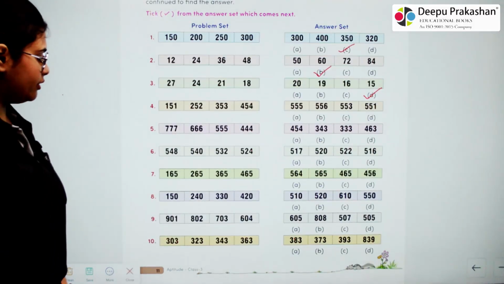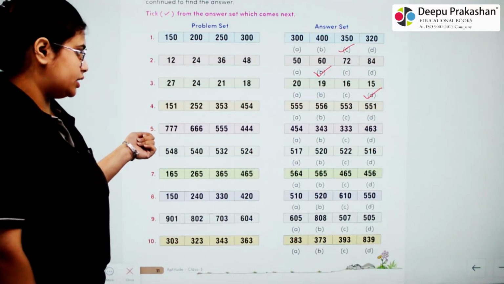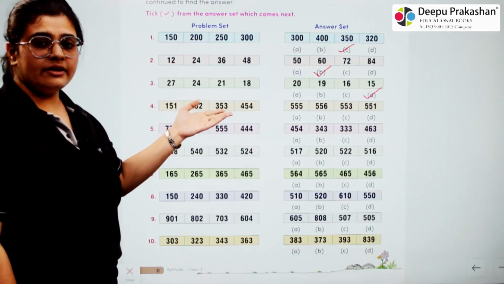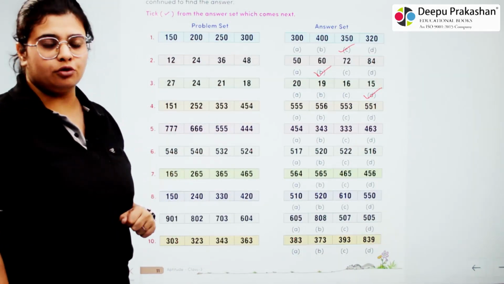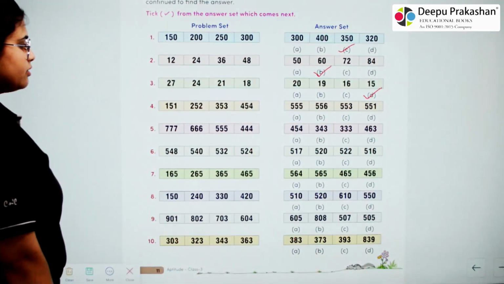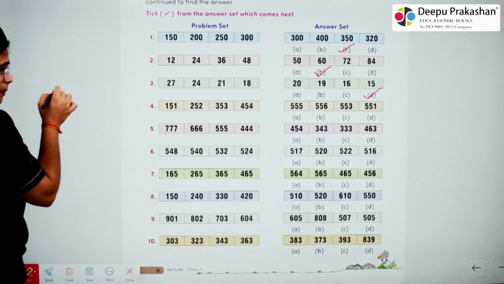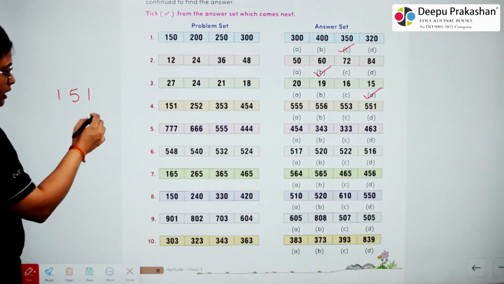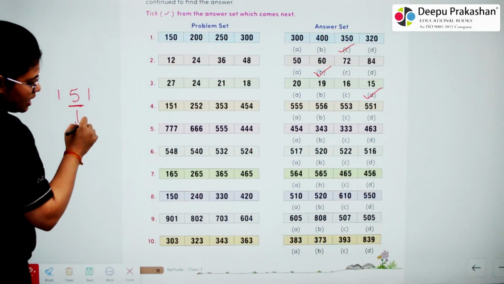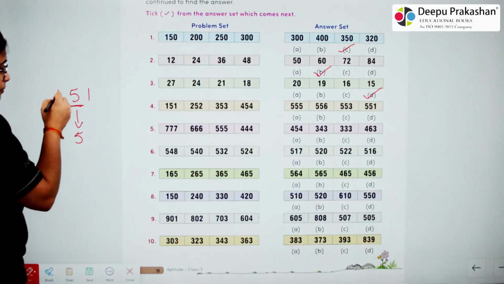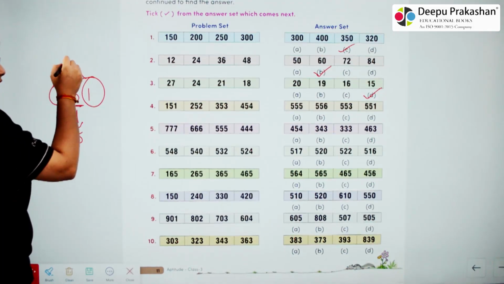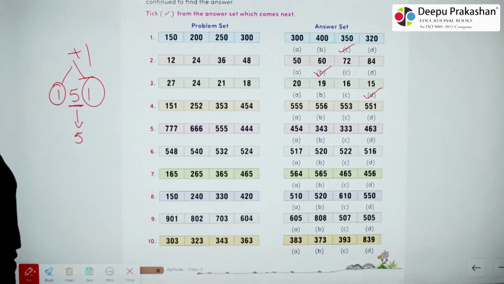Fourth one, we are given 151, 252, 353, 454. Here we can see that we are given a 3-digit number. Here 5 is the same for all the numbers, and the numbers at the first position and third position are increasing by 1.